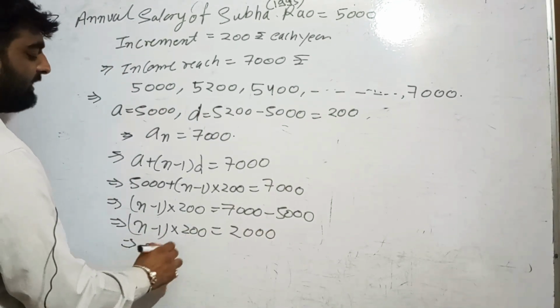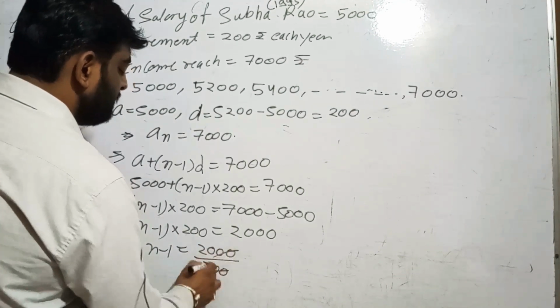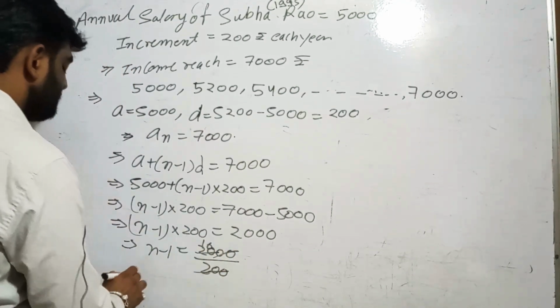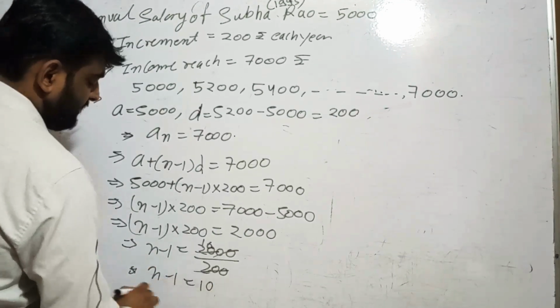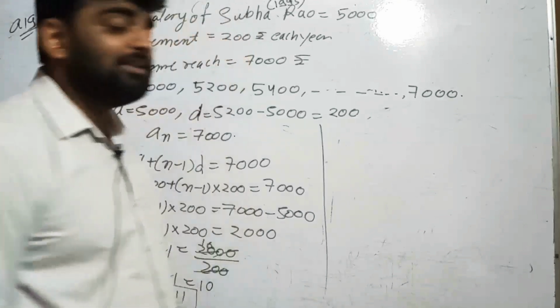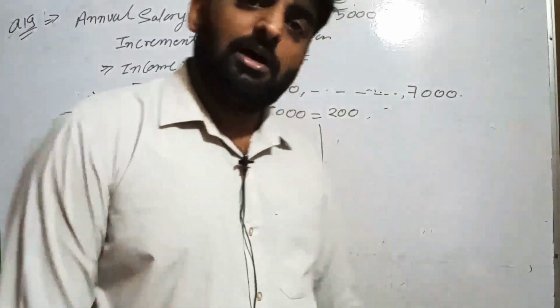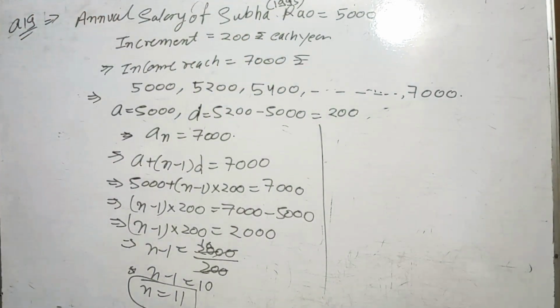So n minus 1 equals 2,000 upon 200. The zeros cancel, and the remaining is n minus 1 equals 10, or n equals 11, students. It means in the 11th year counting from 1995, the salary reached 7,000 rupees.